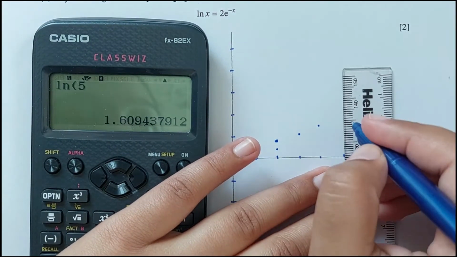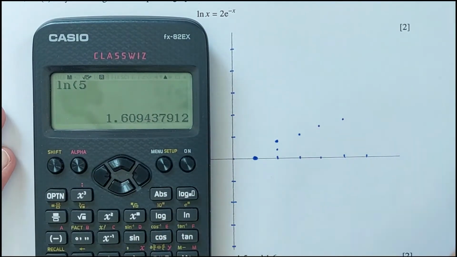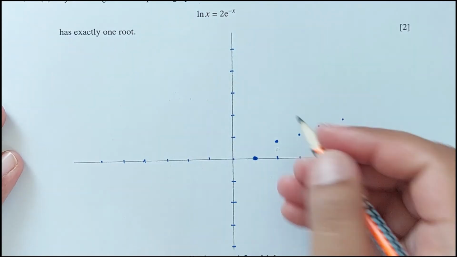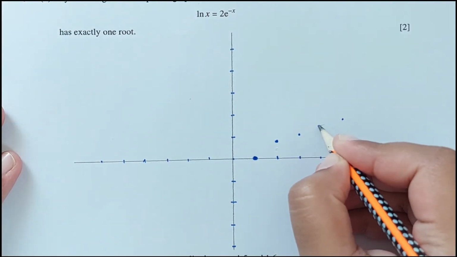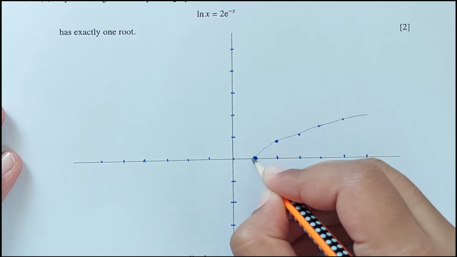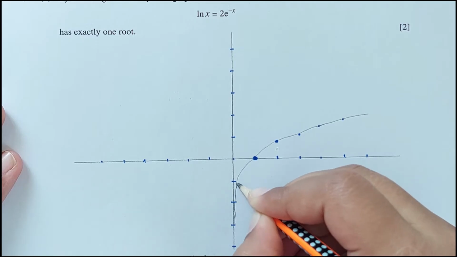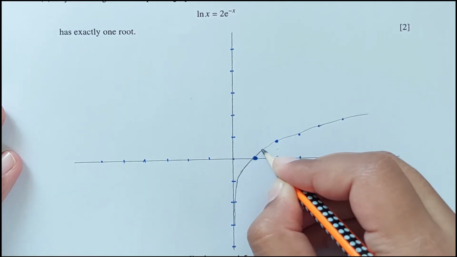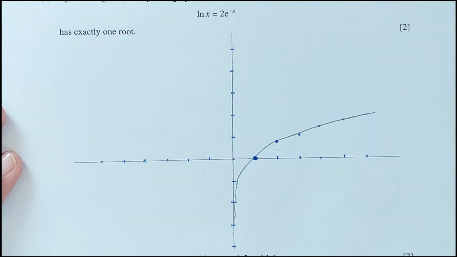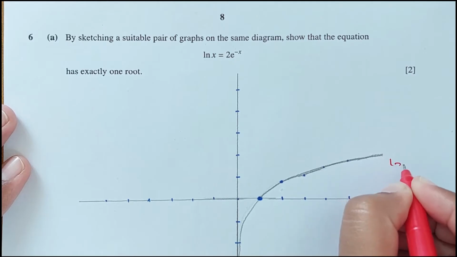This is ln 5. So this would be the shape of the curve, right? Let me connect the points. Alright, so this is the sketch for ln x.